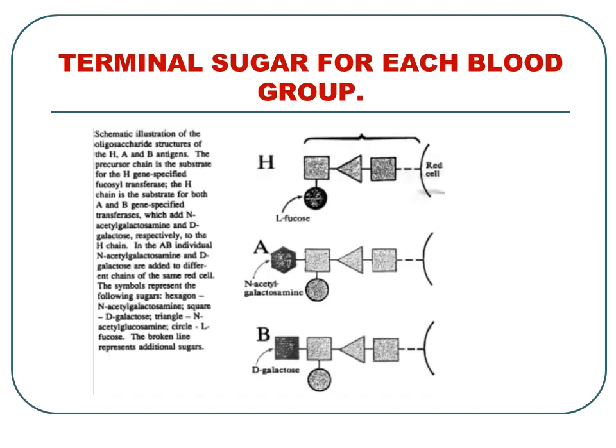This is the diagrammatic representation of how A and B antigens are formed on the red blood cell. The H gene, which serves as the substrate in this diagram, is found on the red blood cell. When N-acetylgalactosamine is added to the H substrate on the red blood cell, there will be production of A antigen.